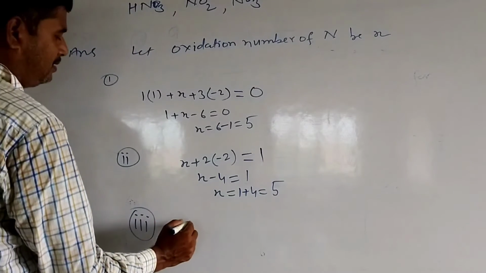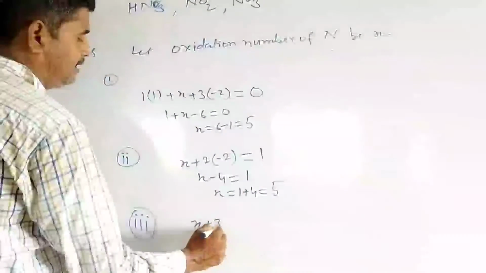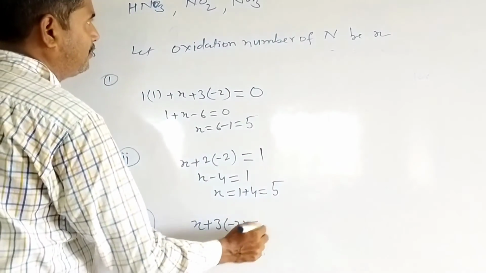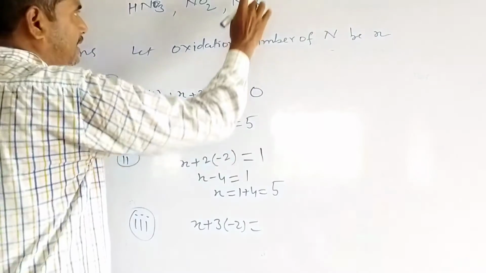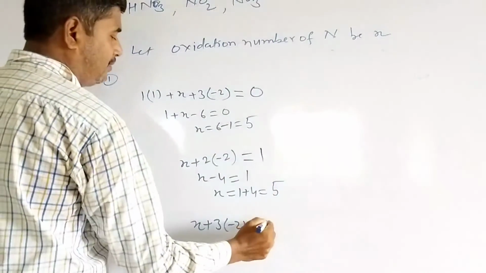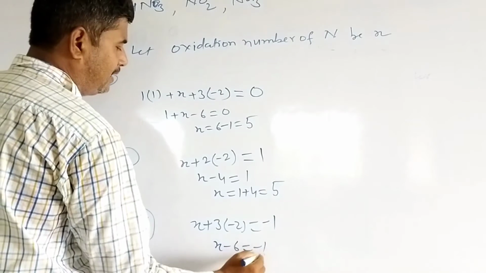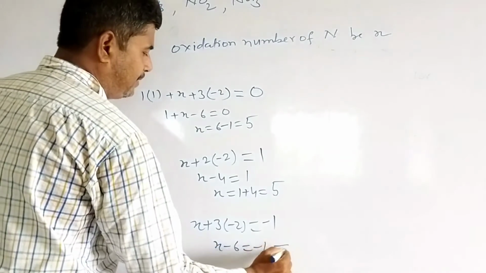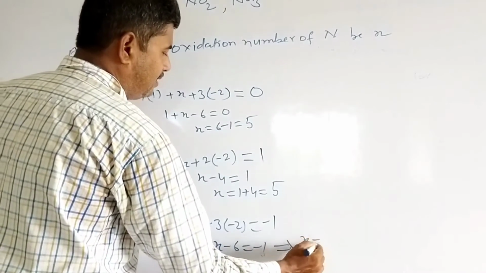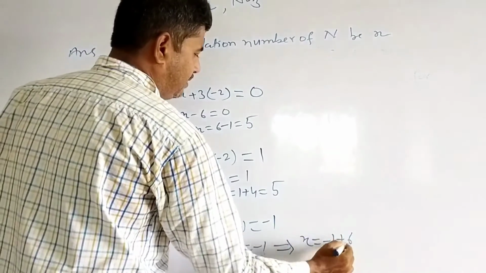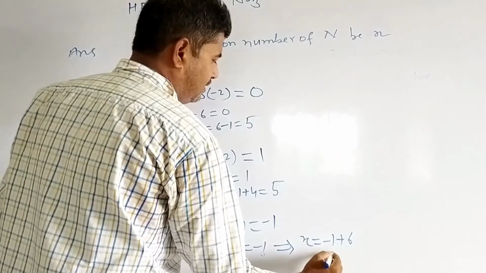For third, X plus 3 times -2 is equal to the charge present. Nitrate has -1 charge. So X minus 6 is equal to -1, which implies X is equal to -1 plus 6, that is 5.